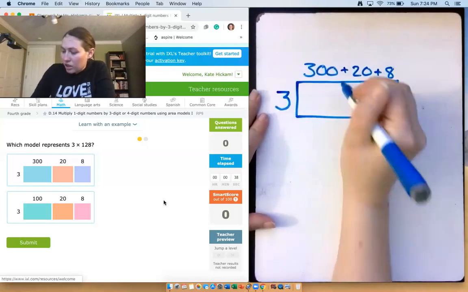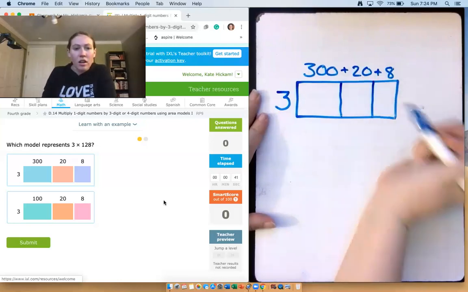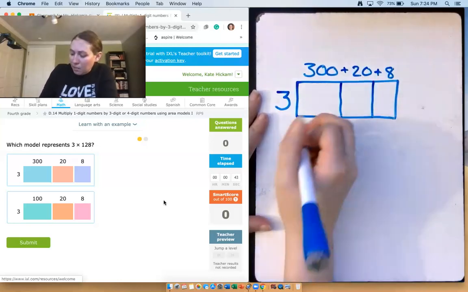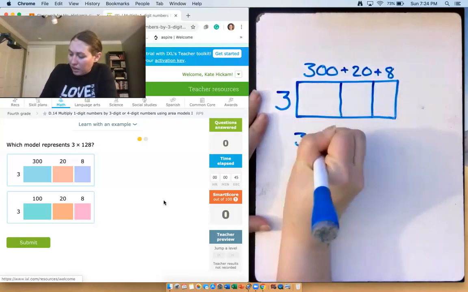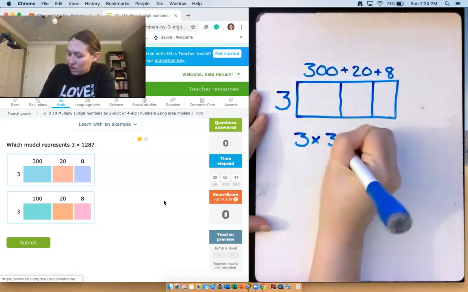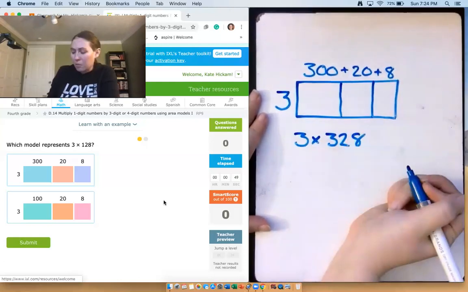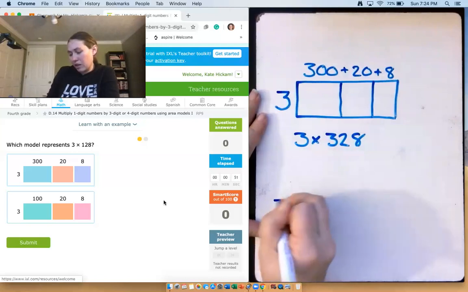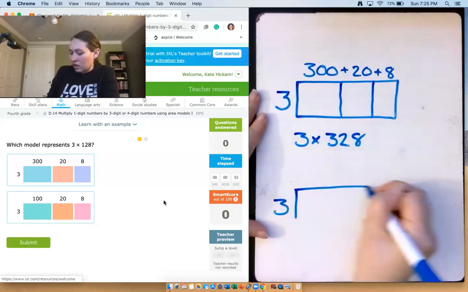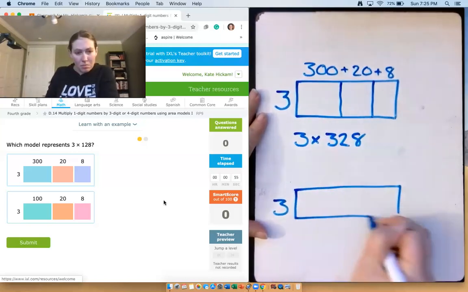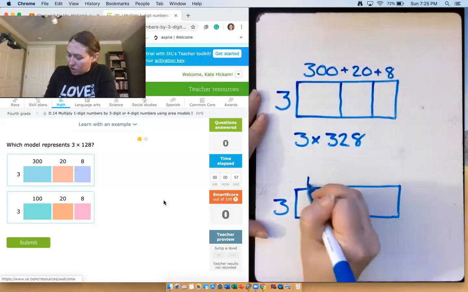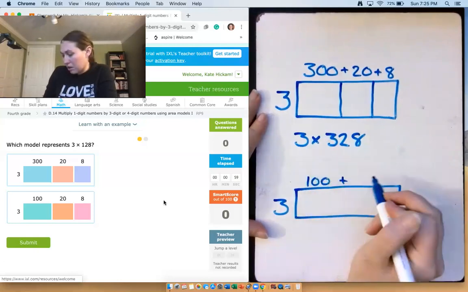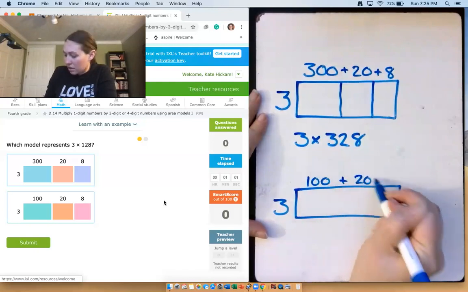So I'm just looking at that top skill. Well, that's going to be the same as 3 times 328. The bottom one, we have 3 times 100 plus 20 plus 8.